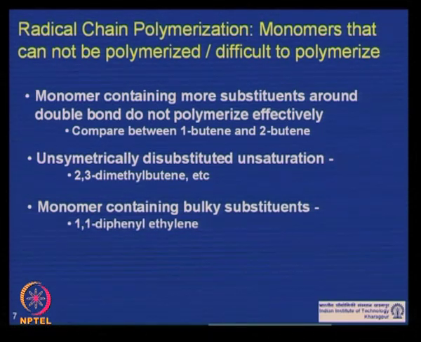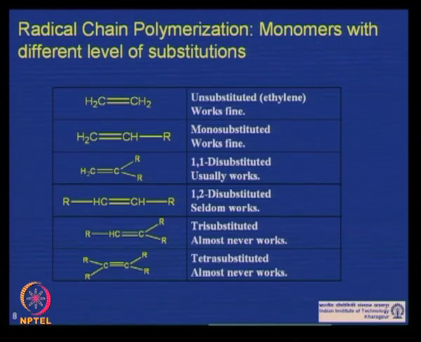it is very difficult to polymerize, and if you have tri-substituted or tetra-substituted, then also it is very difficult to polymerize. So, if I want to summarize the plain structure in terms of substitutions: if you have no substitution, it works fine in radical. If you have mono-substituted, it works fine, except the case where it is CH3, for propylene. We will come back to why it is so.